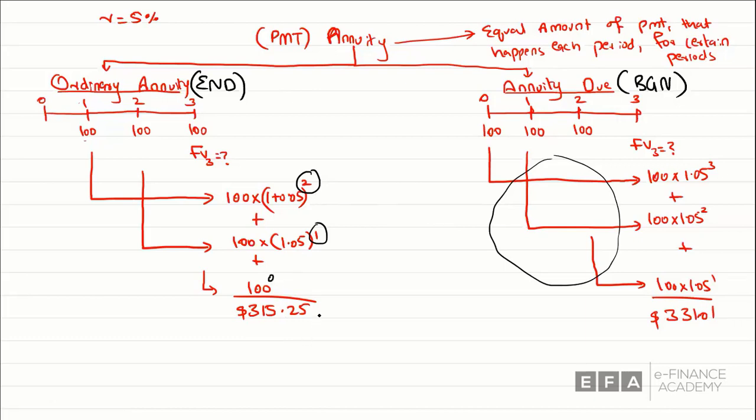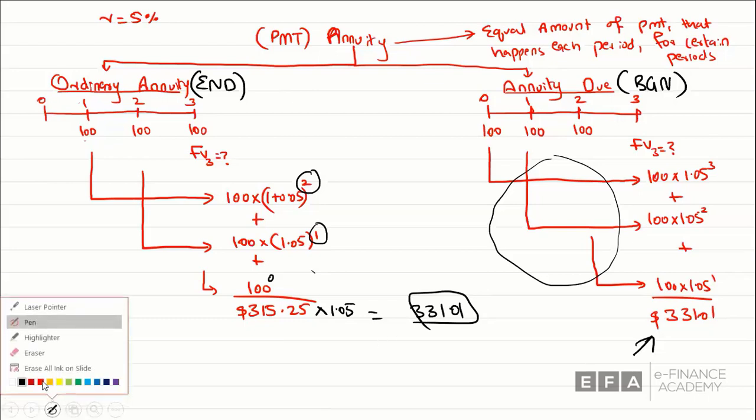And can I reach this answer if I need to find annuity due using ordinary annuity? Yes. All I need to do is, if I could grow this for 1 more period, all I should get is 331.01, which is what you see right there. Right? So this was just for your understanding. As such, you don't have to worry about this.